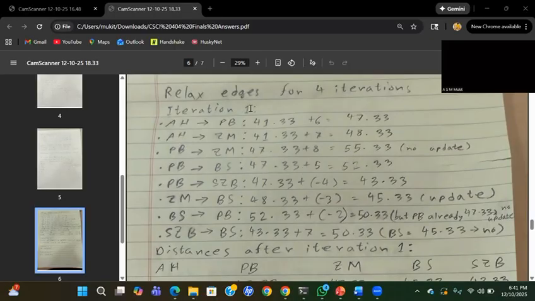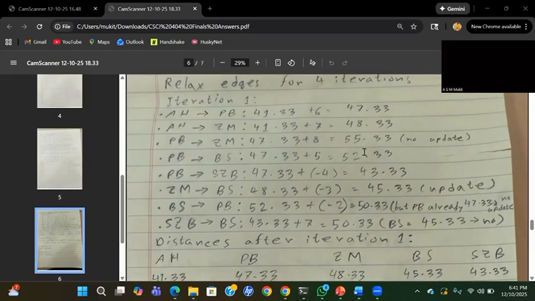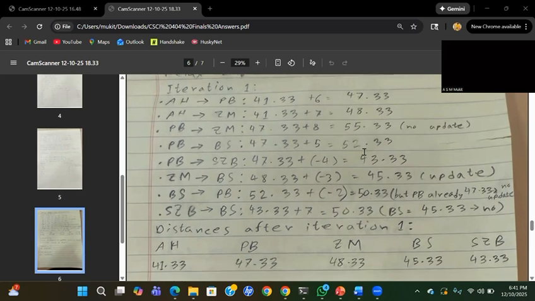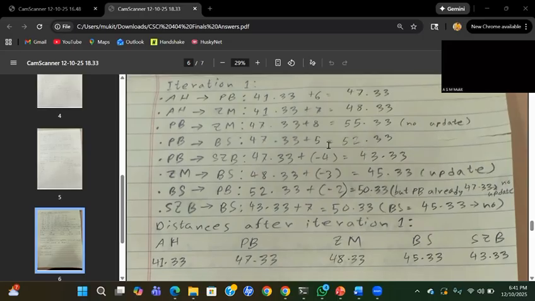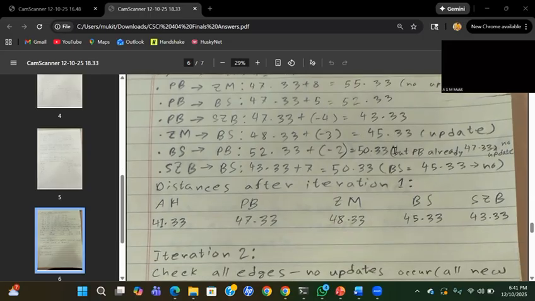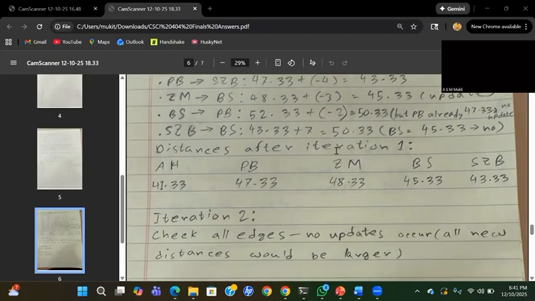In iteration one, the distances became PB equals 47.33, ZM 48.33, BS 45.33, and SGB 43.33.